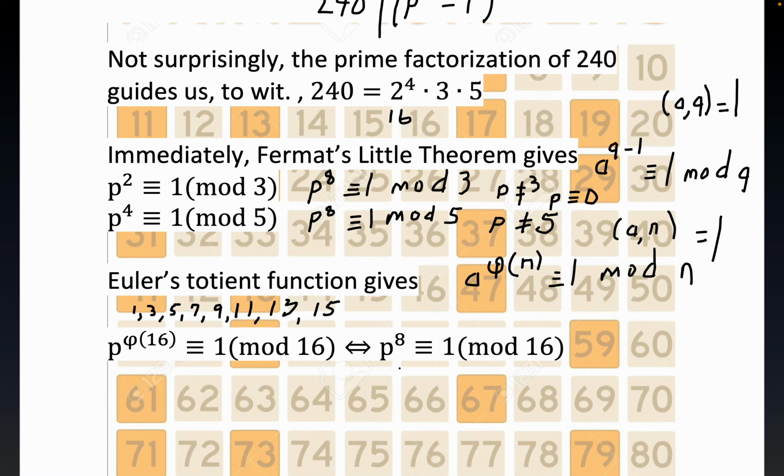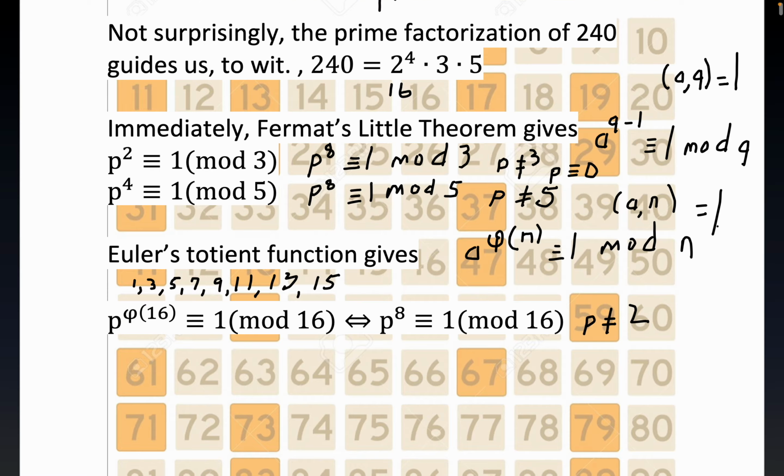So you see, we get what we want. We get p to the 8th is congruent to 1, provided p is not equal to 2. Okay? So we have to write down p not equal to 2. Again, that's to satisfy this condition: a and n have to be relatively prime. So you see, we have three conditions here.